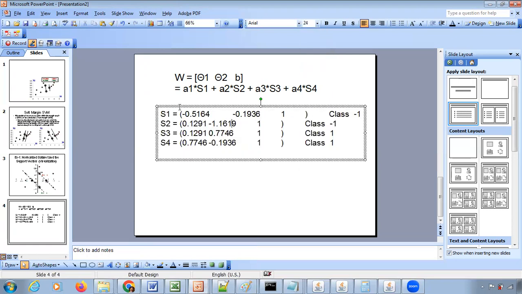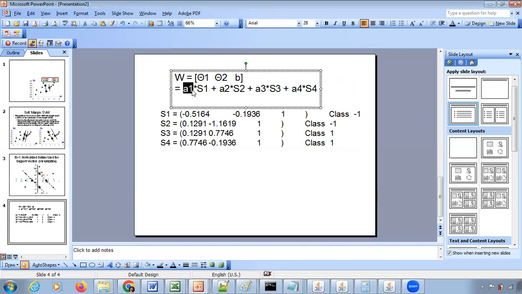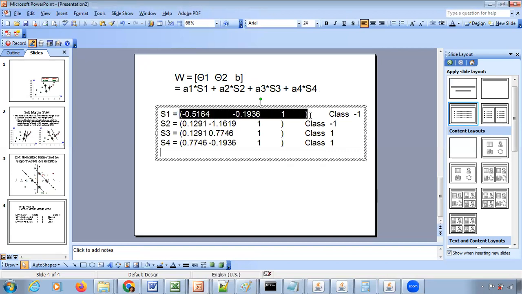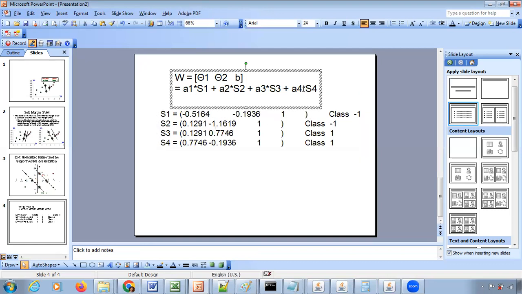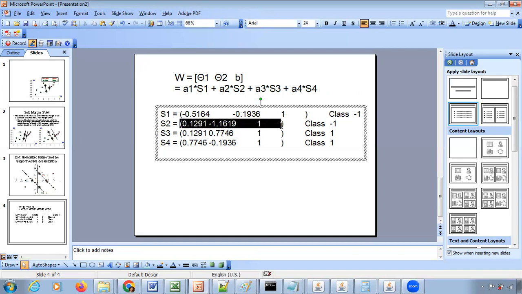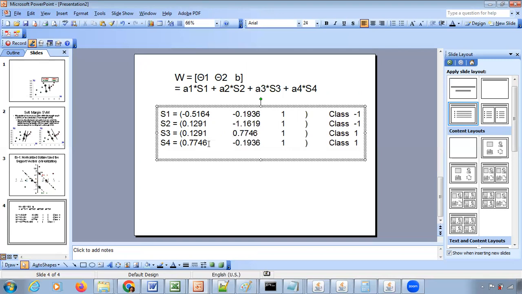So this is going to be A1 times this vector that has three terms, plus A2, and A1, A2, A3, A4 are just constants, real numbers, some coefficients, not vectors. A2 times S2 is this vector, plus A3 times S3, which is this vector, and A4 times S4, which is this vector.